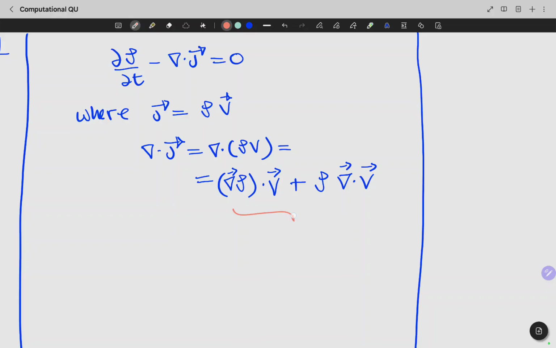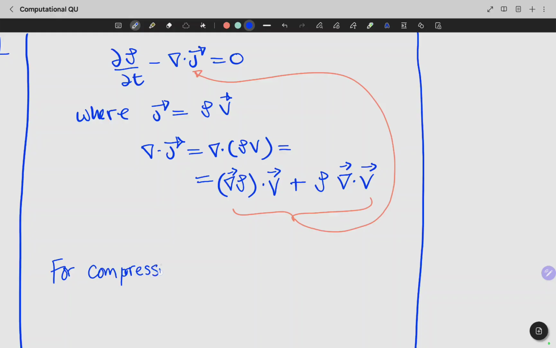You can put all of this back in here if you wish, in fact depending on the condition. Because we're gearing towards the Navier-Stokes equation for compressible fluids, you have to have this equation as it is.